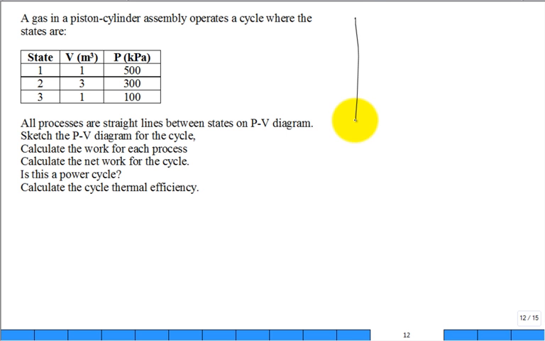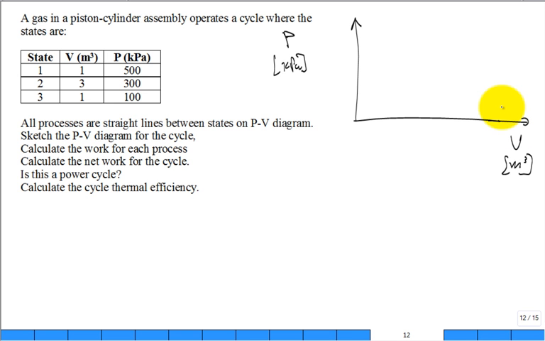I'm going to pause for a minute to help you a little bit. Pressure is in units of kilopascal and volume in units of meter cubed. I want you to find on this PV diagram state 1, state 2, state 3, where these are the volumes and those are the pressures, okay? Just put them on. And then continue to read the problem and go as far as you can go while I walk around and check on you.